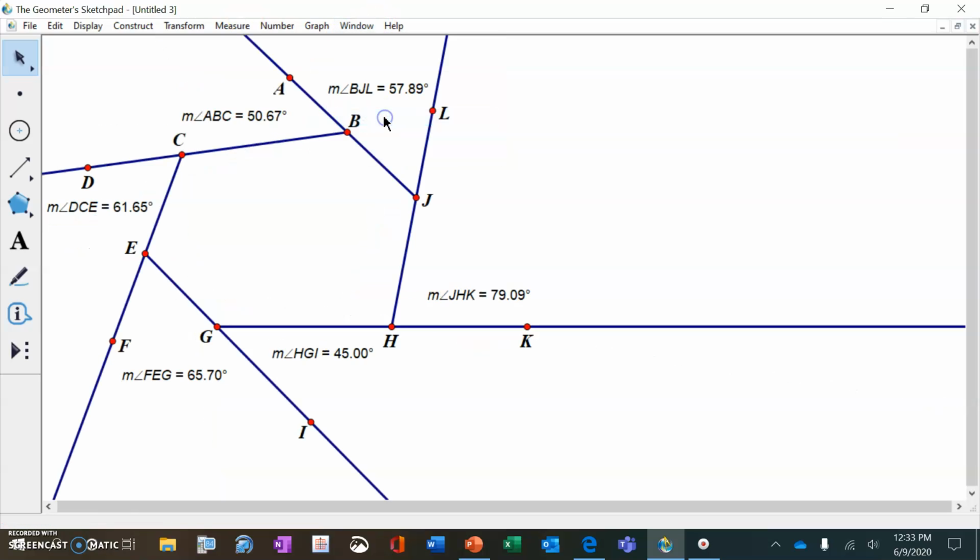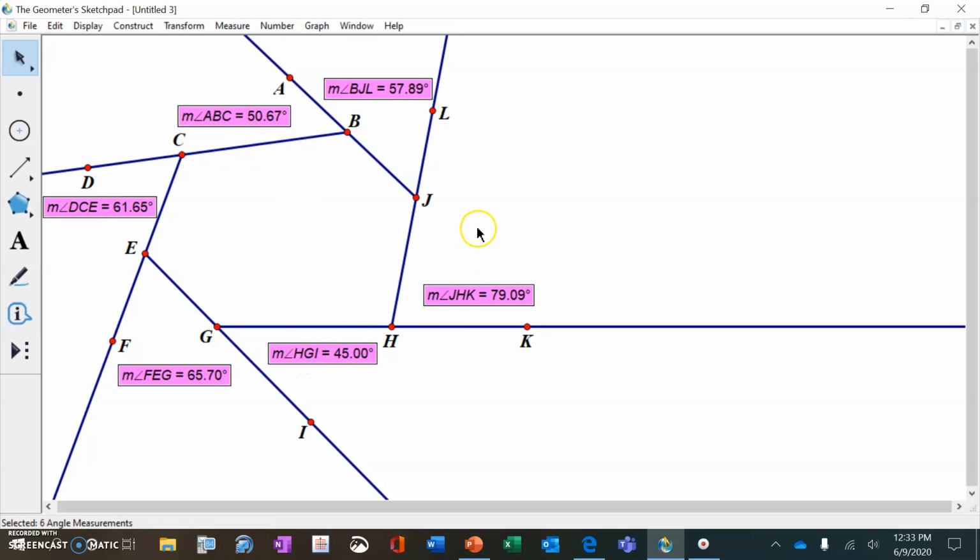Okay, let's do a six-sided figure. So a six-sided figure, the interior angles are 720, 6 minus 2, which is 4 times 180. So that would be 720 degrees. Okay, I created again the exterior angles. All of these are the sums of those exterior angles.